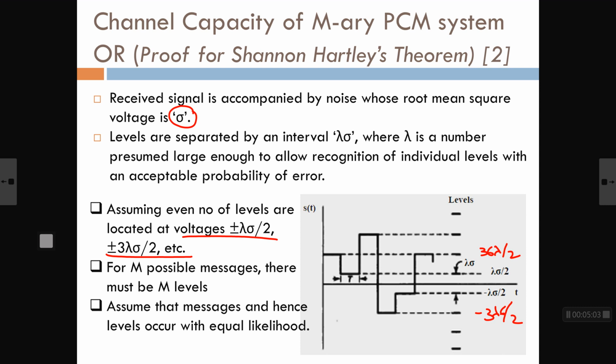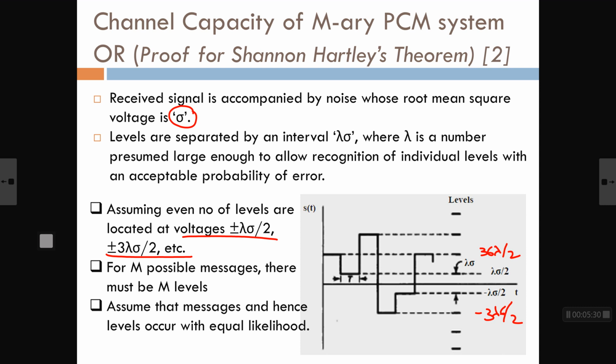And if I had to take an odd number of levels, then one level would be 0 in the center and the others would be λσ, 2λσ, 3λσ, etc. So this λσ/2 extra comes because we are considering an even number of levels. So 0 is not considered as a level, so it is an even number of levels.